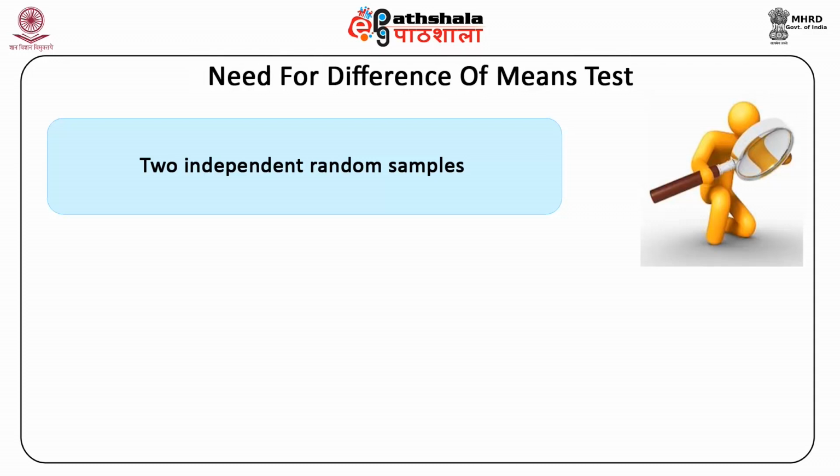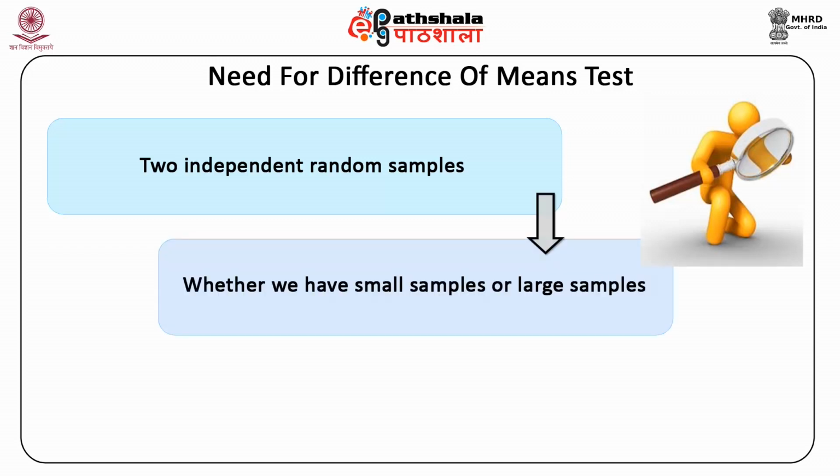The difference of means test is used when we have two independent random samples. The next step is to determine whether we are dealing with a mean or proportion. If we are dealing with a mean, we next need to look at whether we have small samples or large samples.